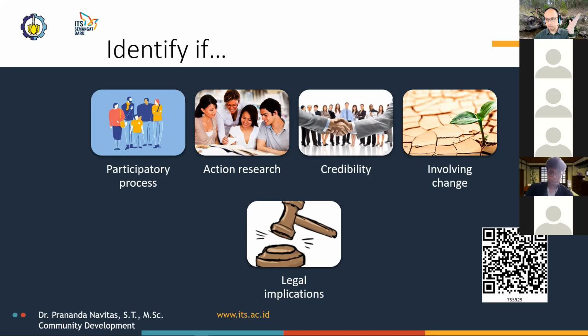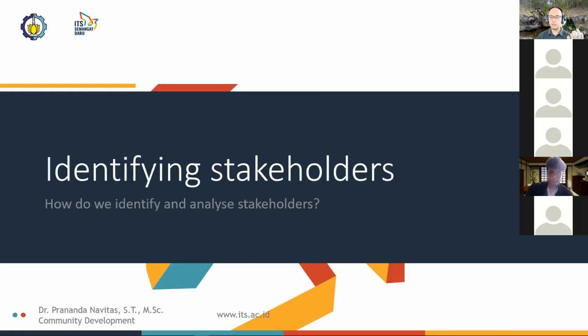So now you should already have a grasp of how significant it is to identify your stakeholders. And now, how do we identify them? The first step in identifying and addressing stakeholder interest is, surprise, surprise, identifying the stakeholders themselves.